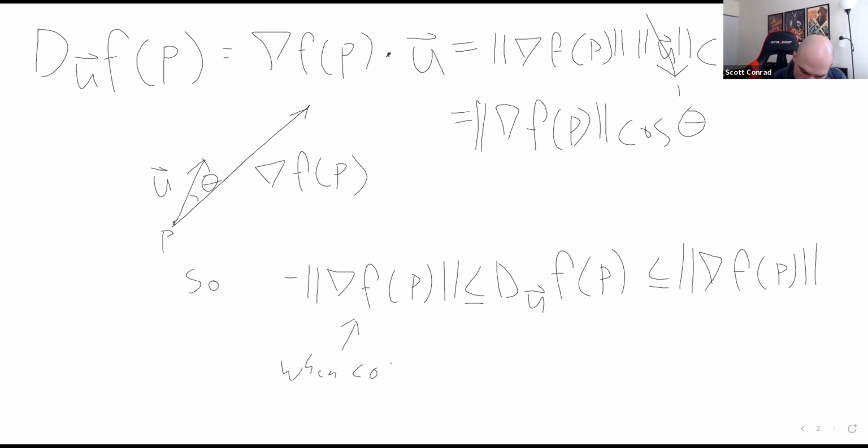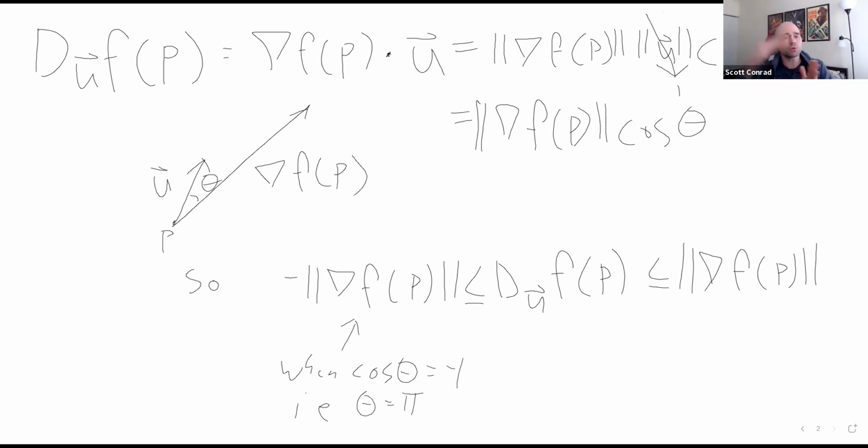So that's when cosine theta is -1. In other words, when theta is equal to pi. In other words, when we're taking the derivative in the direction of the negative of the gradient, right?